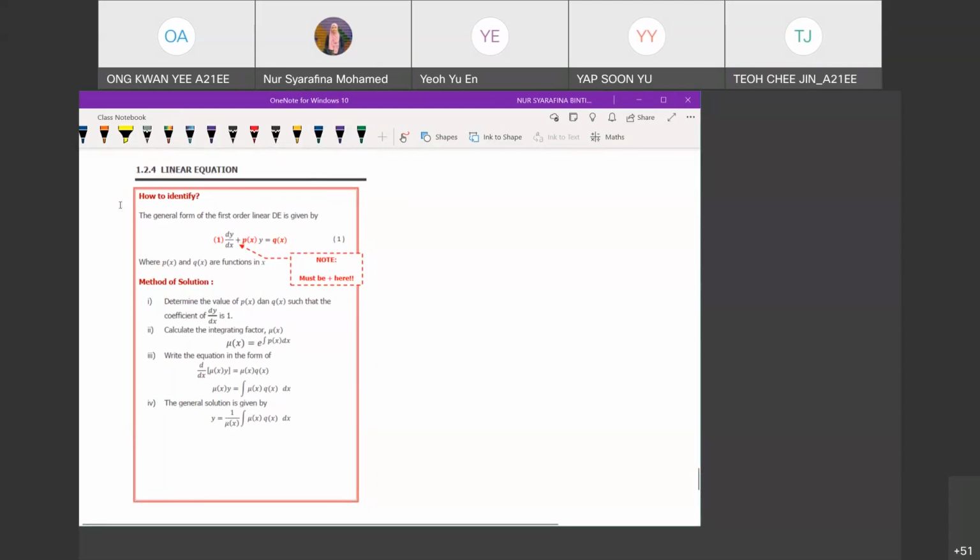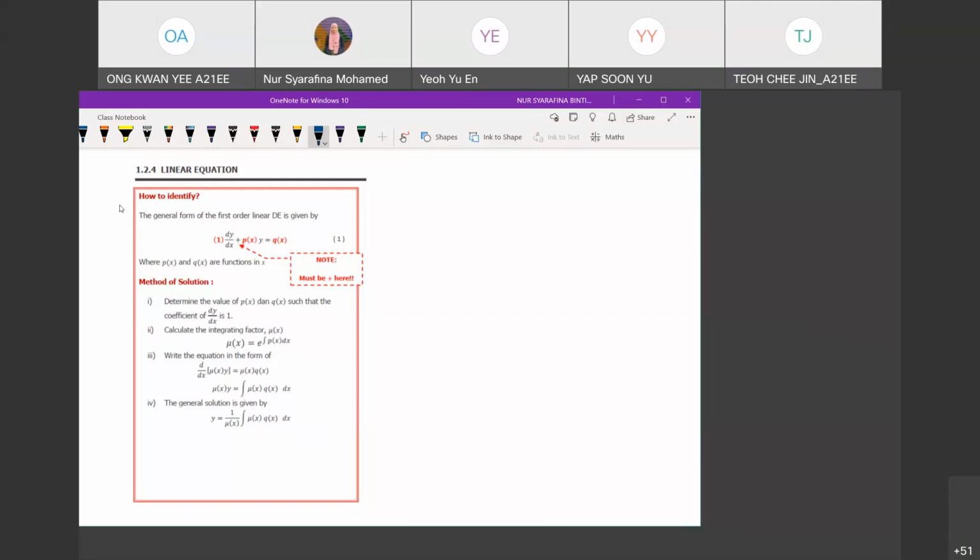Right, we have done with separable, we have done with homogeneous, and also the exact. So for this linear differential equation, how can we identify that the differential equation is linear? Before this, we have done with how we identify the linearity of a differential equation, but this is first order, so we just have dy dx. There is no d squared y over dx squared, d cube y over dx cube, and so on.